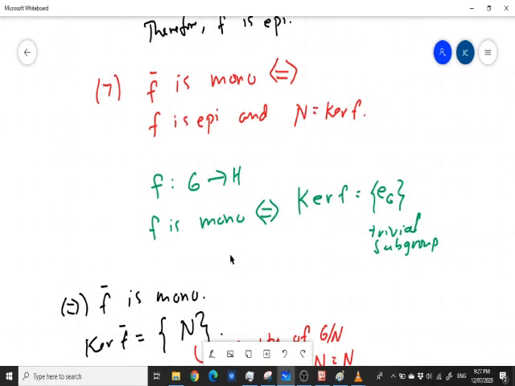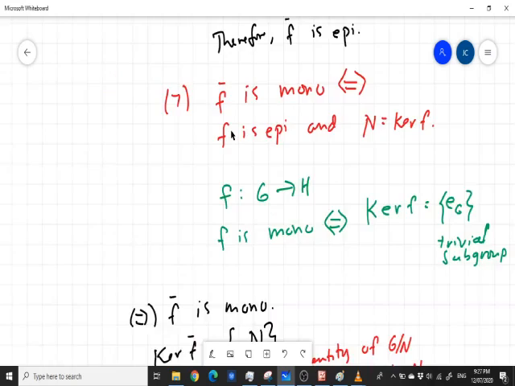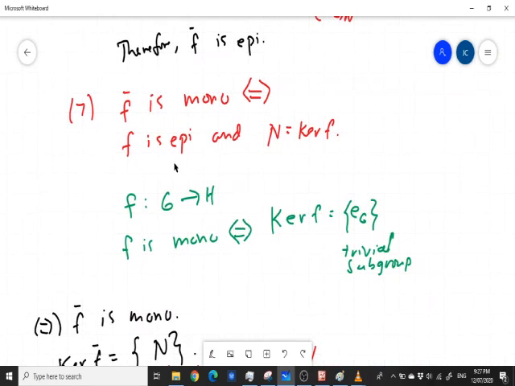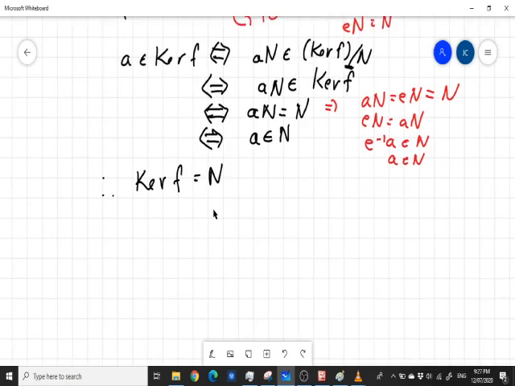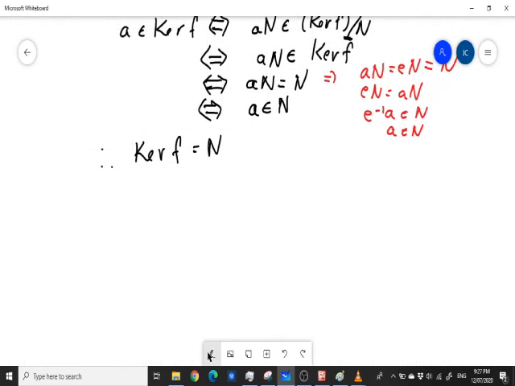We have to delete this part. This is not necessary. The statement is f bar is mono if and only if kernel of f equals n. This should be the one. I'm so sorry. Okay, so let's do that. Let's do the opposite direction.